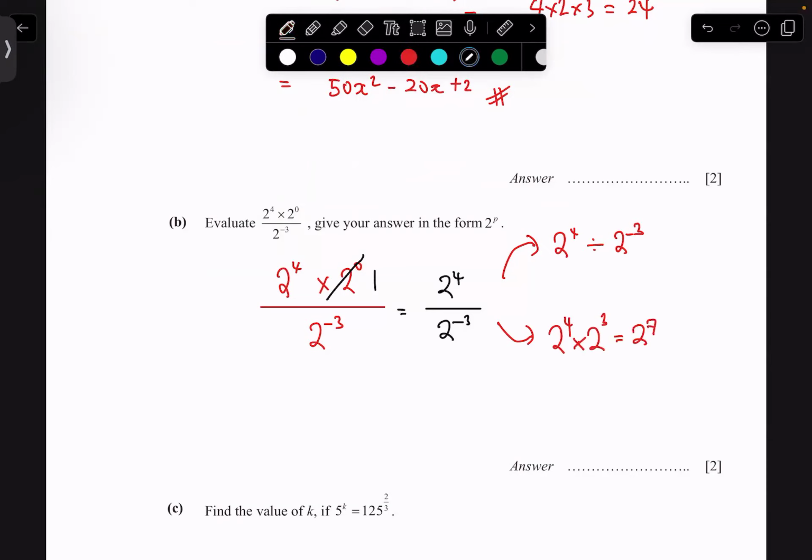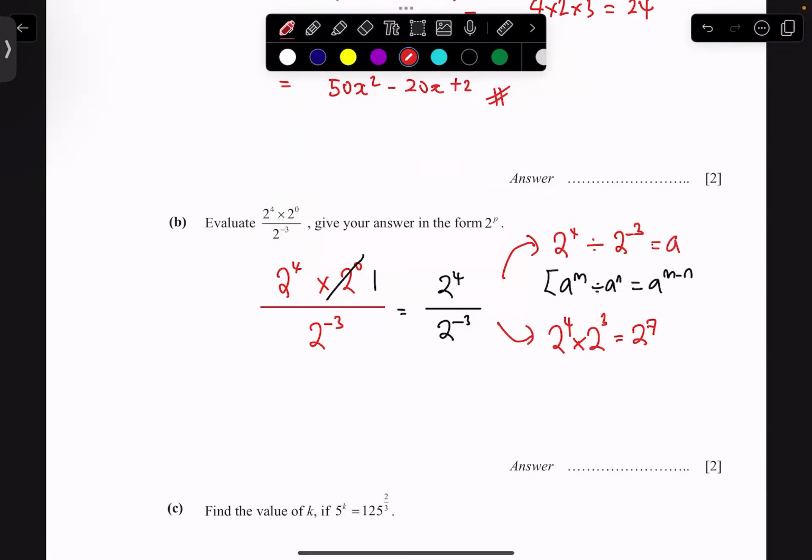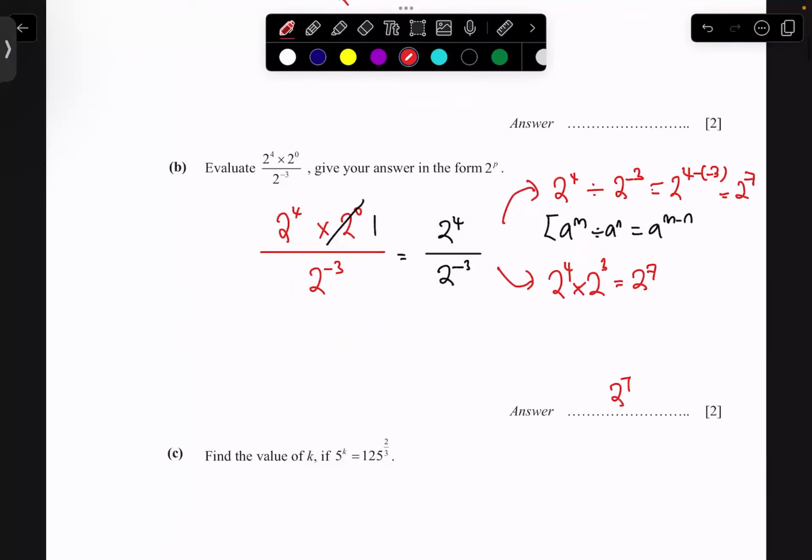Or you can apply the indices law: a^m divided by a^n equals a^(m minus n). So then this will be 2 to the power of 4 minus negative 3, which is 4 plus 3, so 7. Either way, the answer is going to be 7.